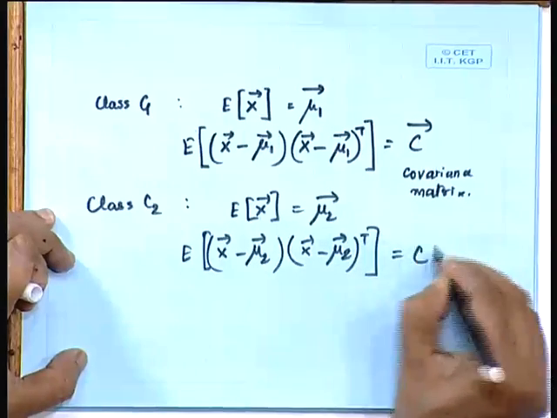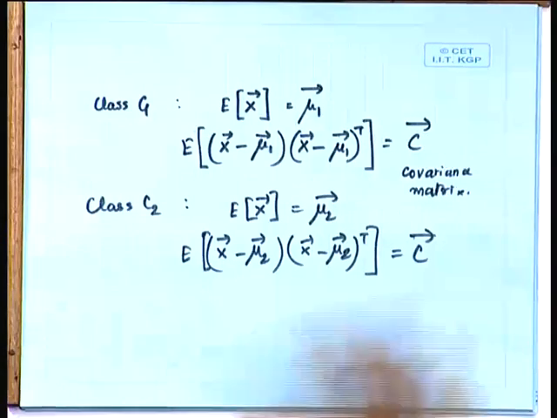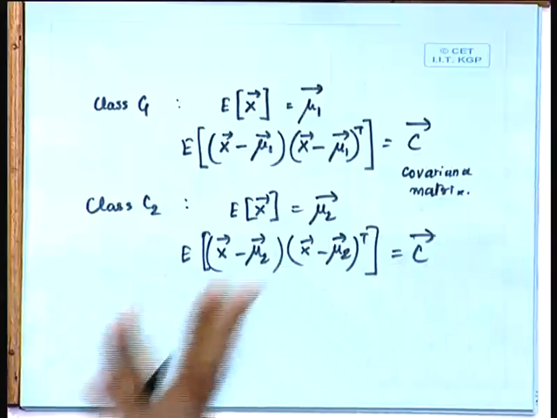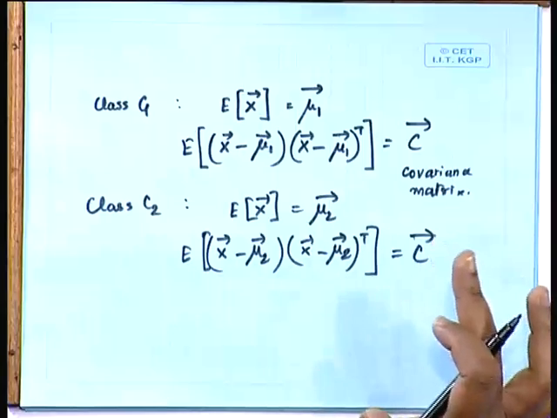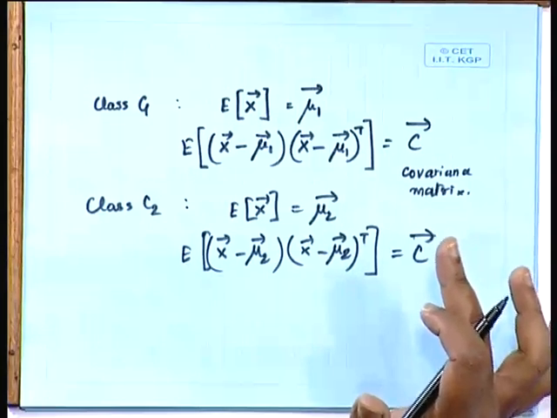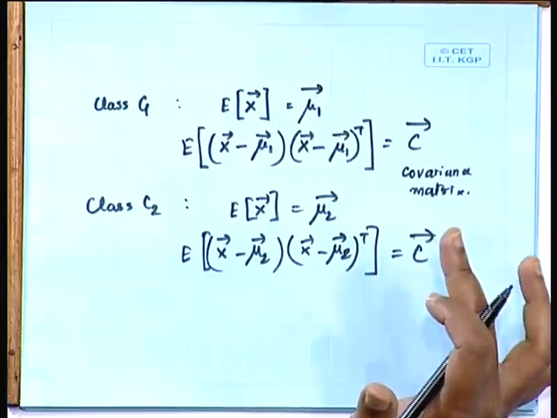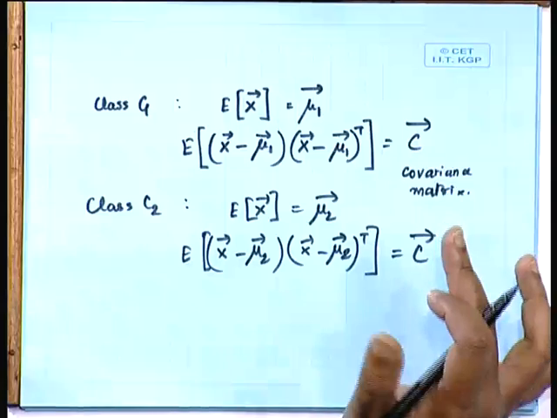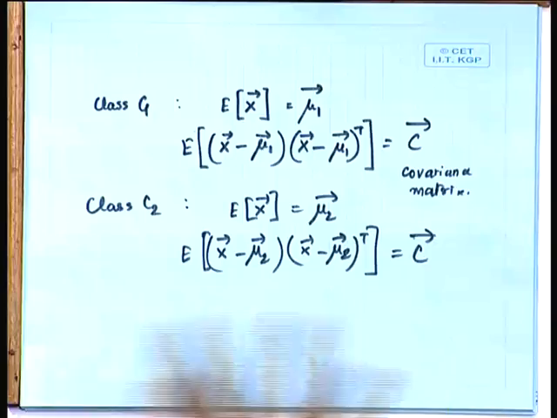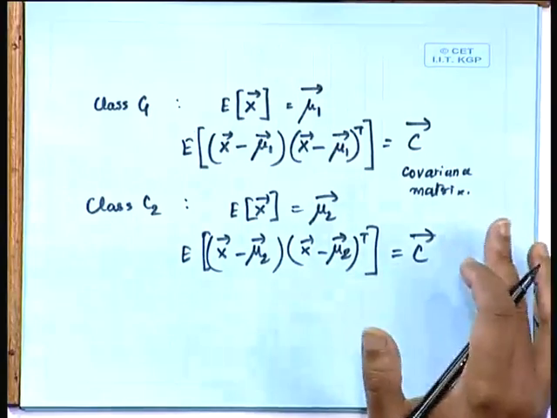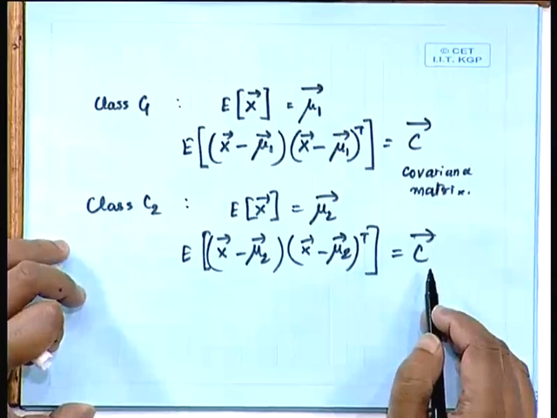This is also taken to be C, assuming that the covariance characteristics are uniform throughout the entire space H that we are talking of, because out of C1 we take only a subset H1 from which we derive the training samples for C1. Likewise, H2 is a subset for C2, and in the last class we defined the whole set H. Assuming the variance statistics remain the same, we can denote it by the same C matrix, the covariance matrix.